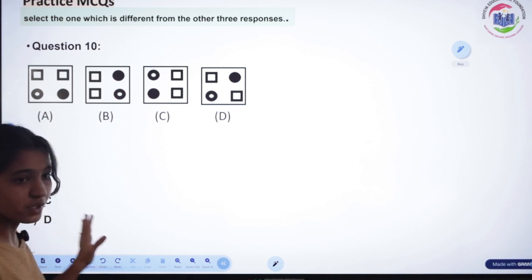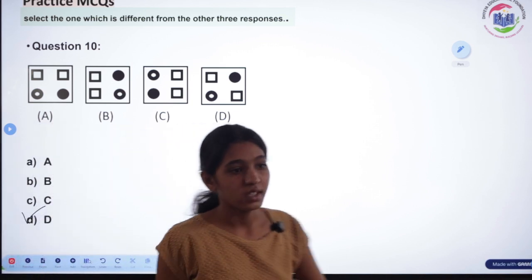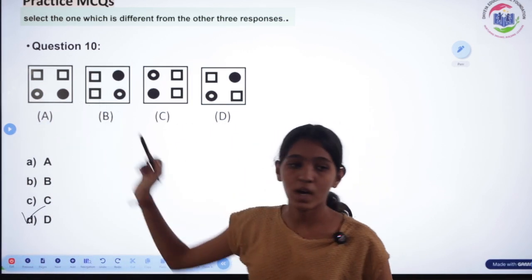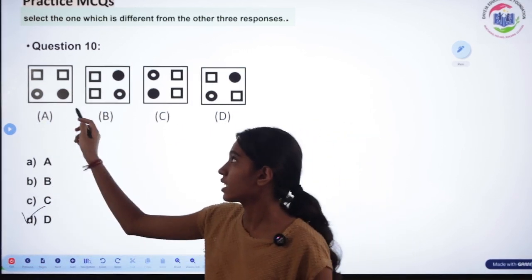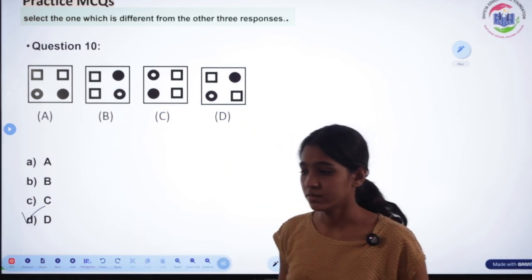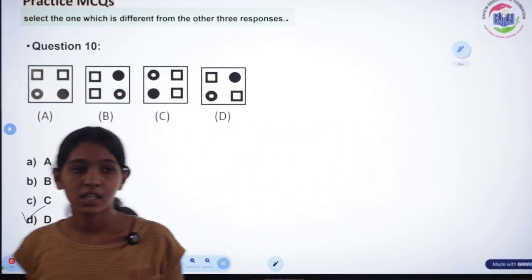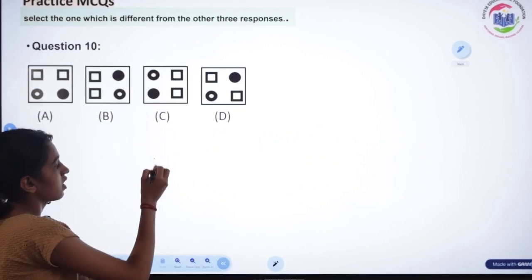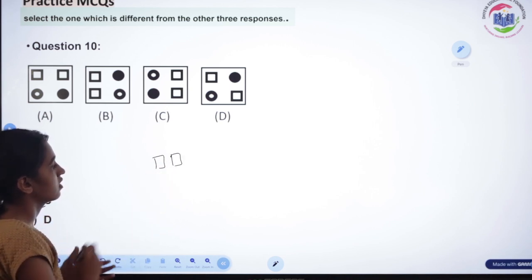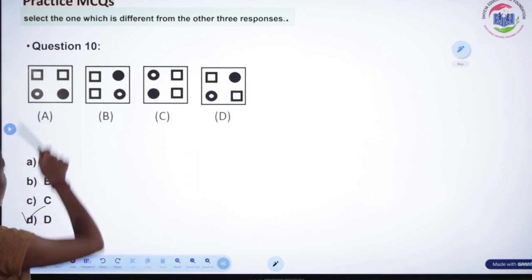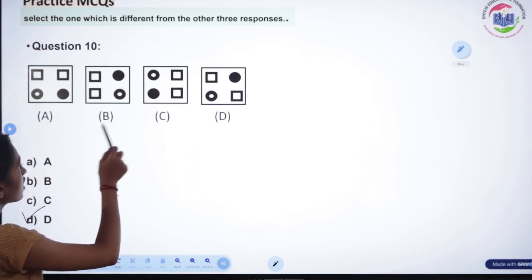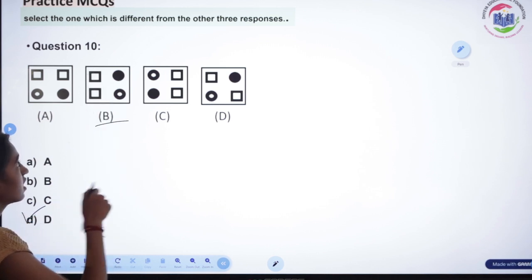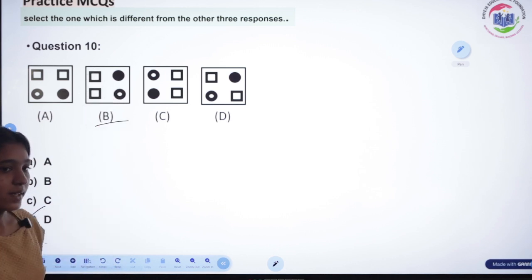If you observe option A, there is a square in one row, and again a circle in the same row, or we can say side by side. Here also the square is side by side and the circle is also side by side.